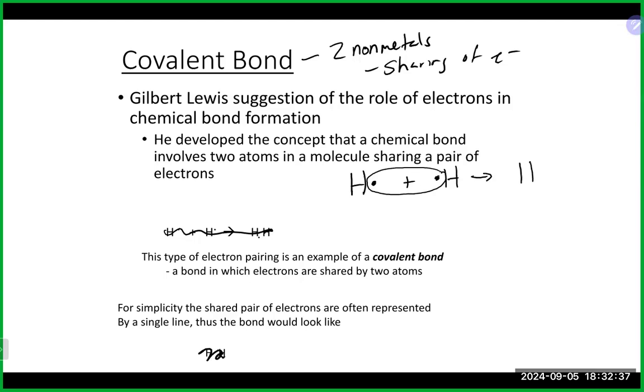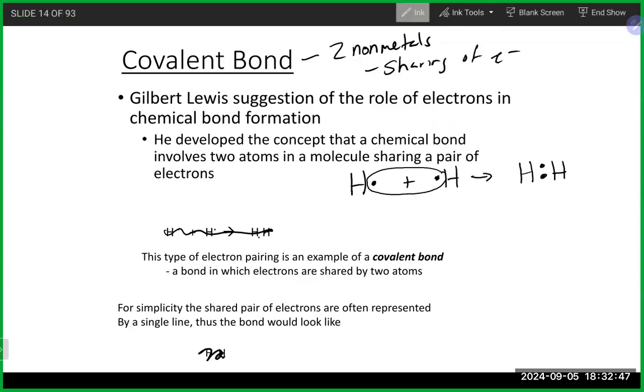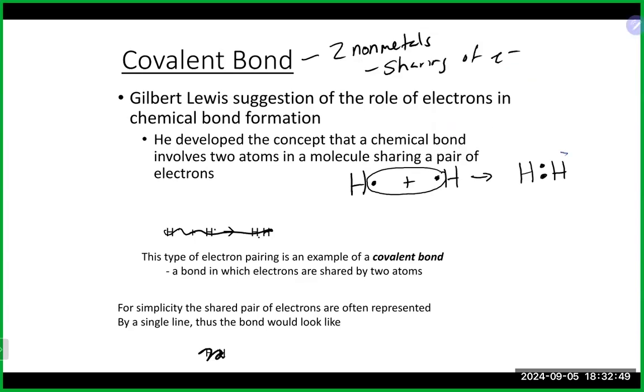And we're going to get a covalent bond formation, which you can represent with two dots. And these dots basically represent the sharing of electrons. In this particular case, those two dots shared between the atoms count for the hydrogen on the right, and they also count for the hydrogen on the left.